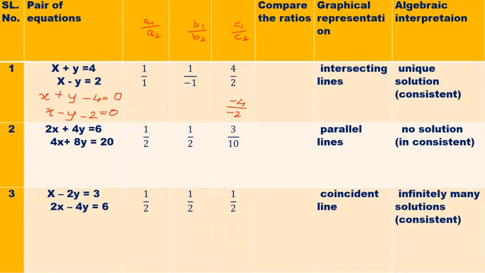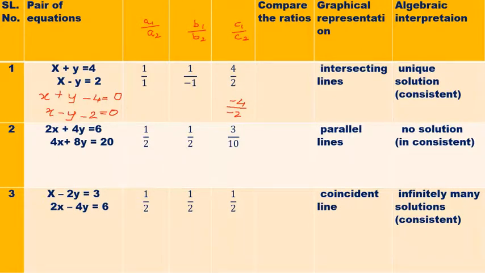In the first case, coefficient of y is 1, and in the second case, the coefficient of y is minus 1. You know, when nothing is written, the coefficient we take as 1, isn't it? When only the variable is there, that means the coefficient is 1. So here we have 1 by minus 1. Now c1 by c2 in the standard form comes as minus 4 by minus 2.